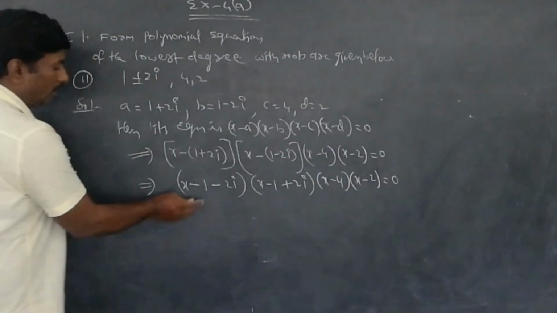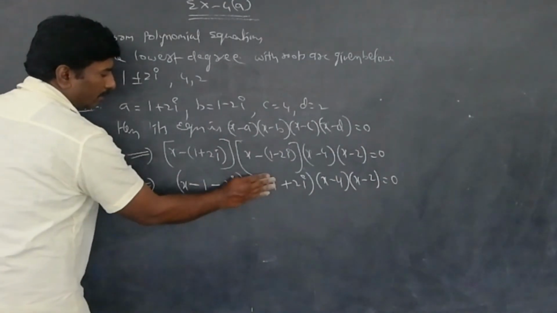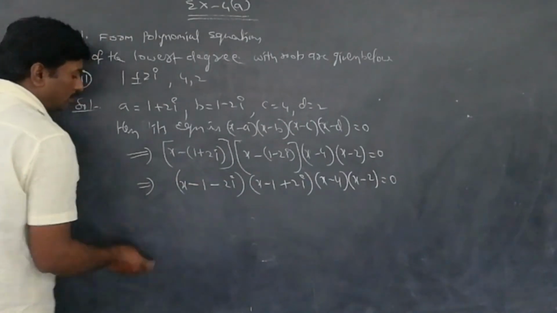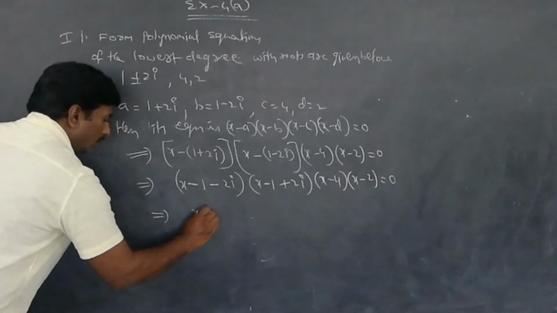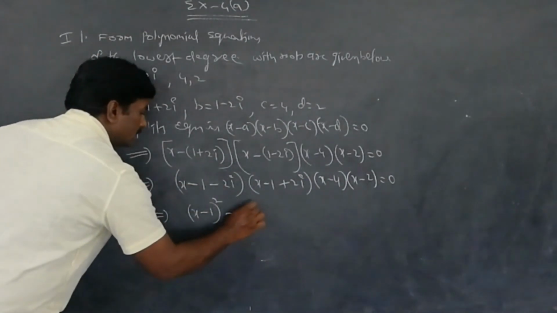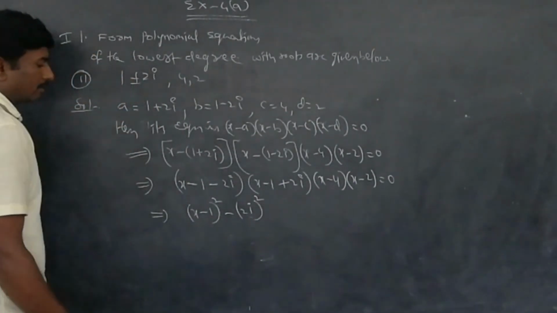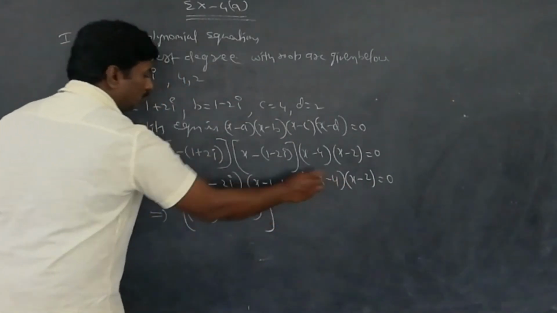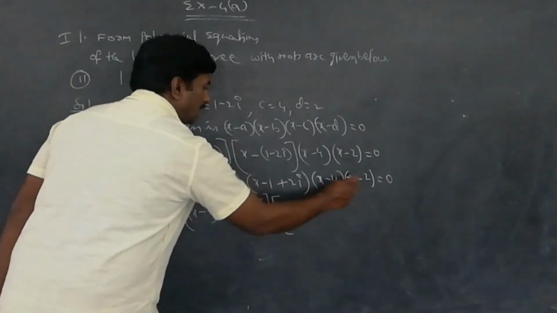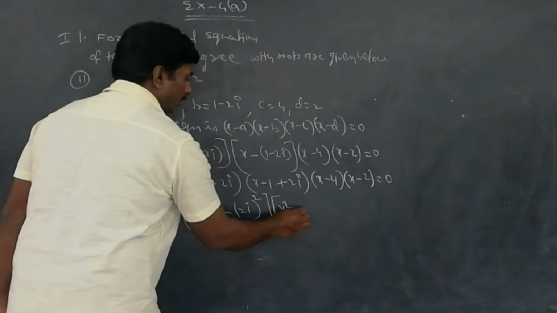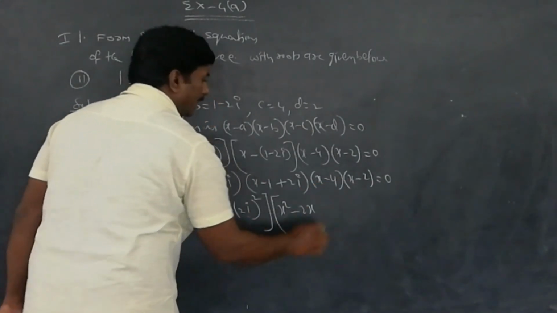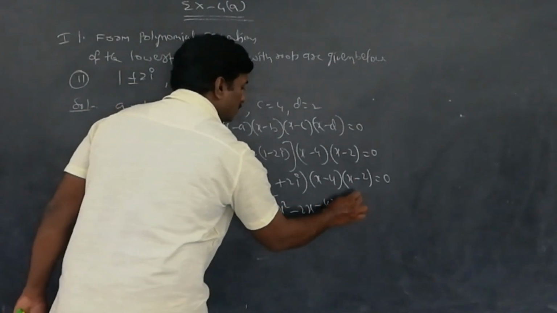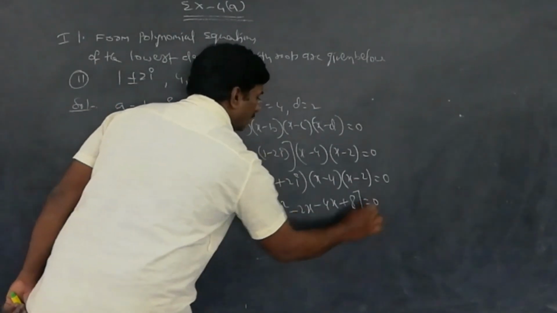Now observe, treat this as a and this as b. Which form is it? a plus b into a minus b. So again what are we getting? a square minus b square. Now simplify these two. x into x square, x into 2 is 2x, minus 4 into x is 4x, minus into minus is plus, 4 twos are 8.